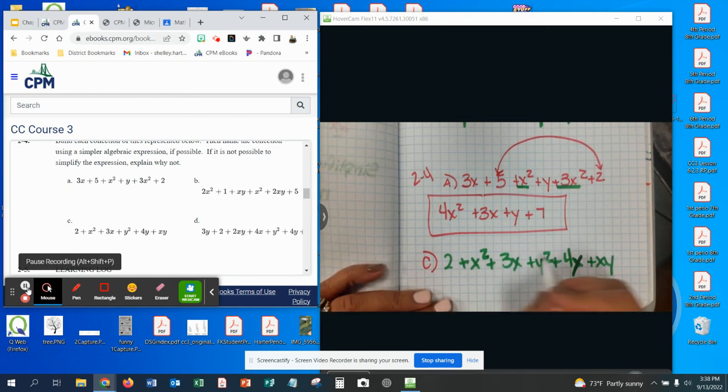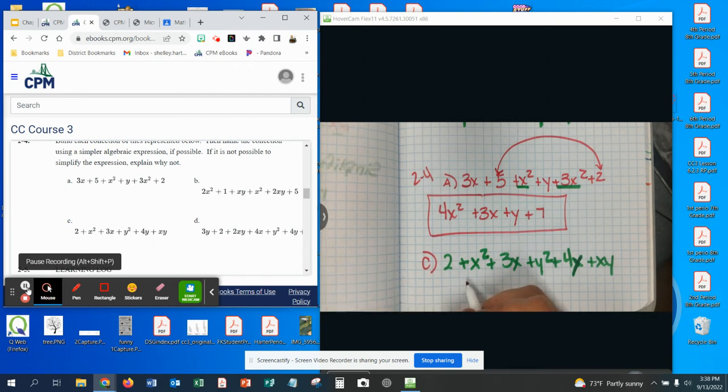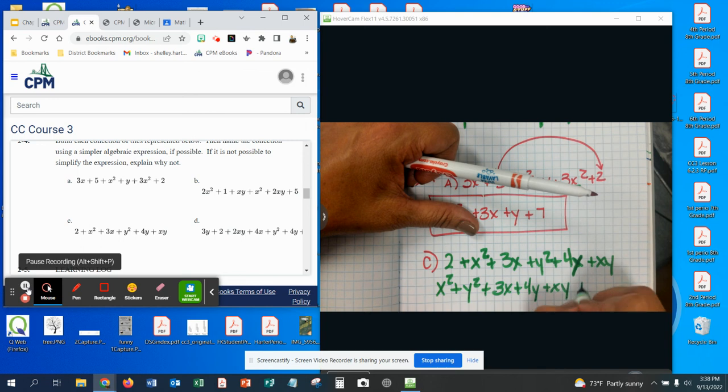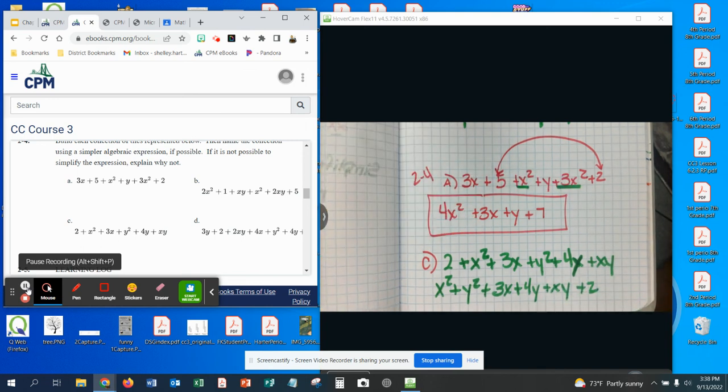So we've got a y here, a y squared here. We have a y, but they don't go together. We have an x squared. We have a 2. Honestly, there's nothing that goes together. So we're just going to rewrite it. x squared plus y squared plus 3x plus 4y plus xy plus 2. And that's it. That's all we can do.